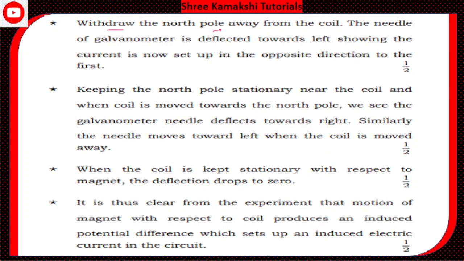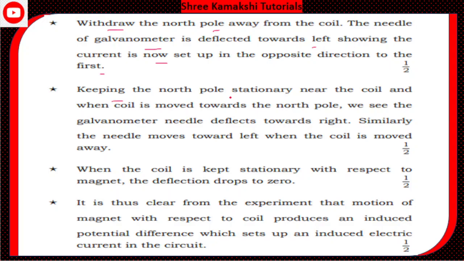Withdraw the north pole away from the coil. The needle of the galvanometer is deflected towards the left, showing the current is now set up in the opposite direction to the first.